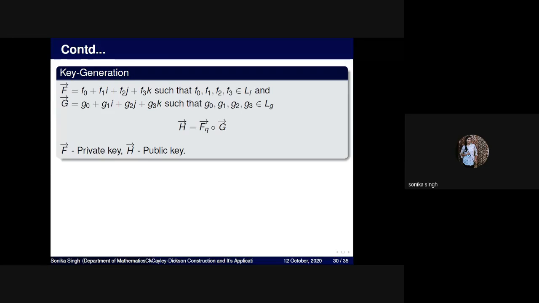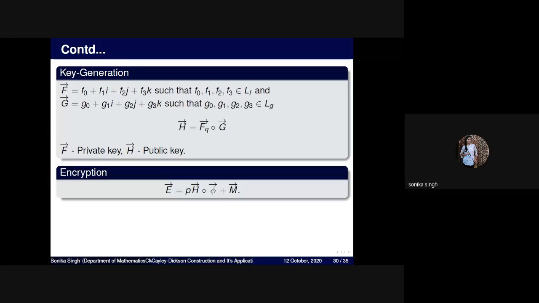After generating the keys, encryption can be performed. For encryption, again there is a random blinding quaternion phi. M is the message quaternion, and the ciphertext quaternion can be computed as E is equal to pH of phi plus M.